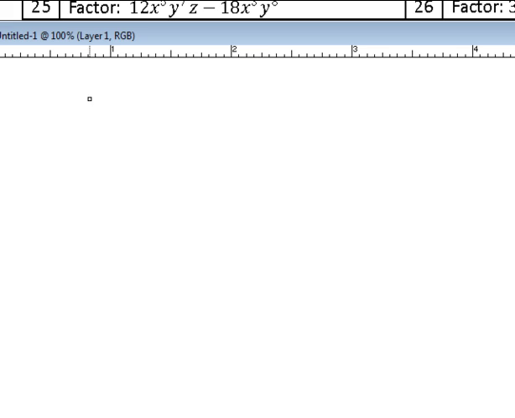In number 25, we're going to factor. So we're going to pull out a common factor. Okay, so from 12 and 8, we have a common factor of 6. And from x to the 5th and x cubed, we have a common factor of x cubed. And then we have y7, y8. We can pull out y to the 7. All right, so that's the greatest common factor. And let's see what we're left with. So when we pull out 6 from 12, we're left with 2.